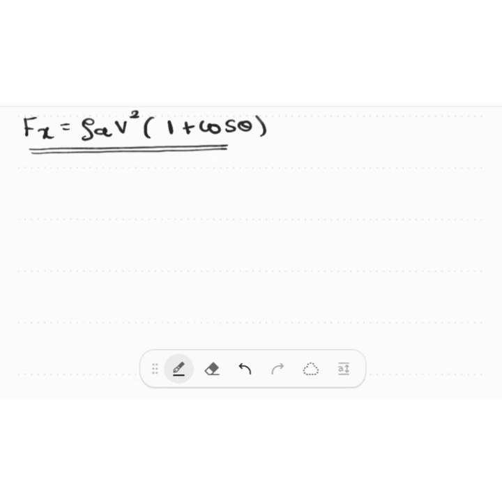Similarly, let us derive the equation for the force exerted in the y direction. Fy is equal to, I will write it directly, mass per second into initial velocity minus final velocity.